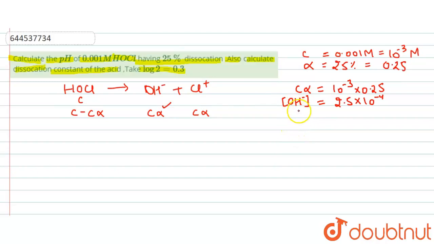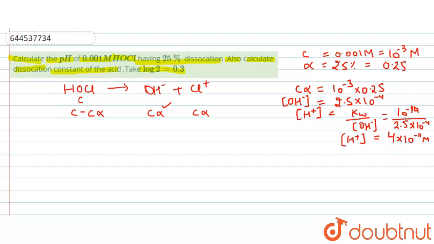After finding this concentration, we can also find the concentration of the other ion, that is Kw divided by it, which will be 10 raised to power minus 14 divided by 2.5 into 10 raised to power minus 4. So the ion concentration will come out as 4 into 10 raised to power minus 11 molar.